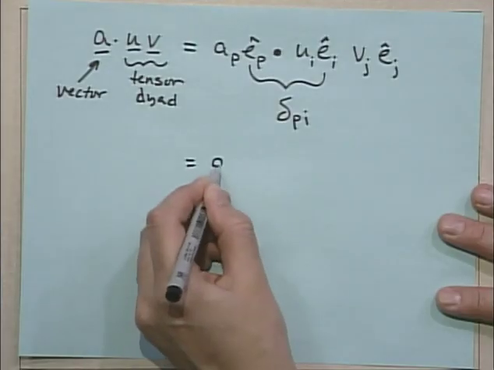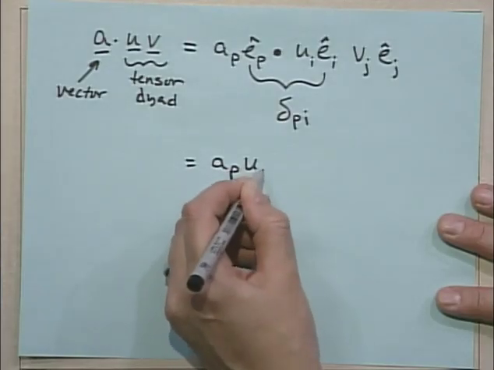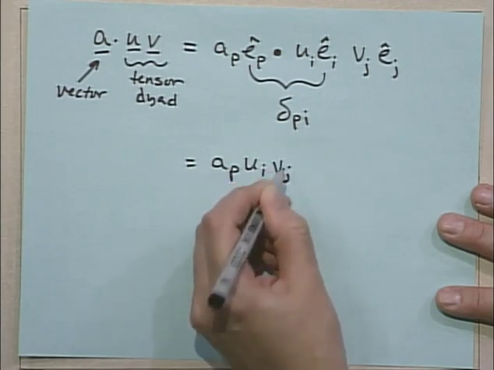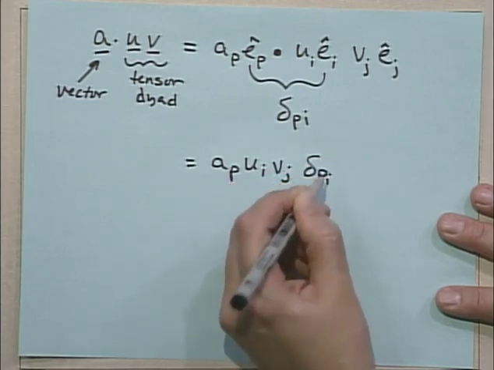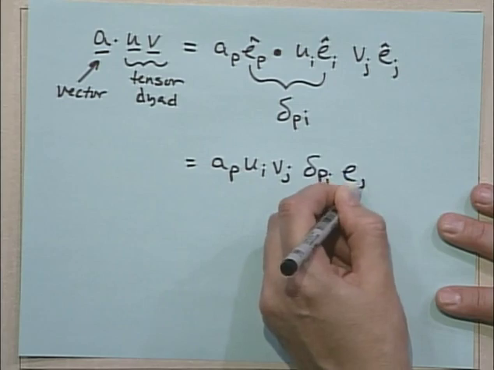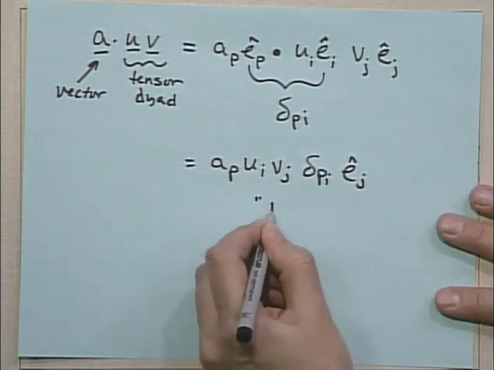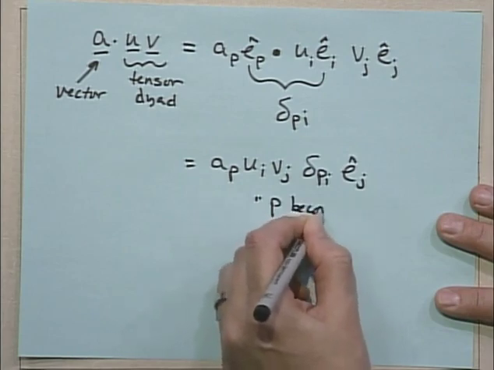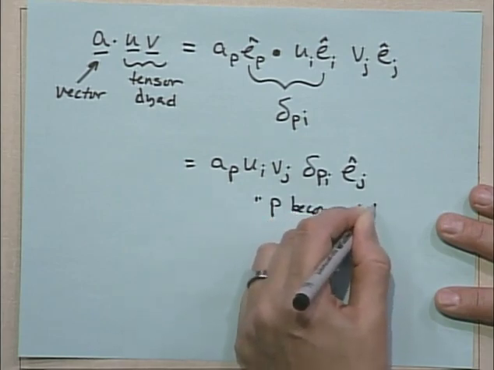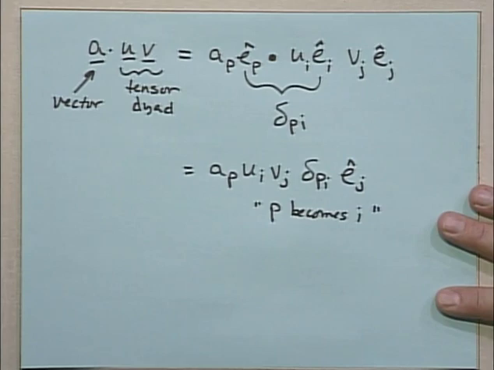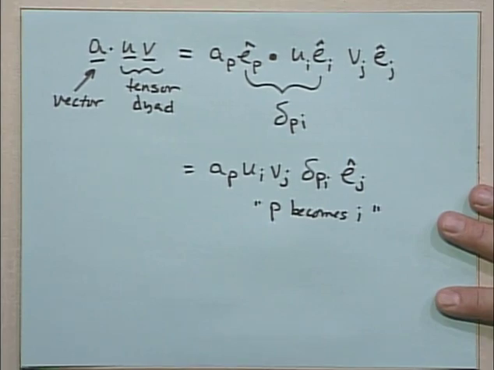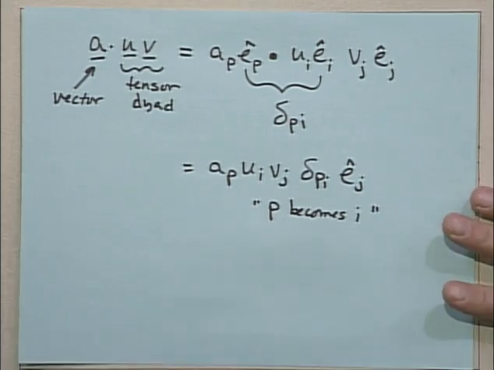So now I have A_P, U_I, V_J, delta_PI, and E_J. Delta_PI I read as P becomes I. You can read it as I becomes P. It's irrelevant. I just pick one way and stick to it. P becomes I everywhere I see it.